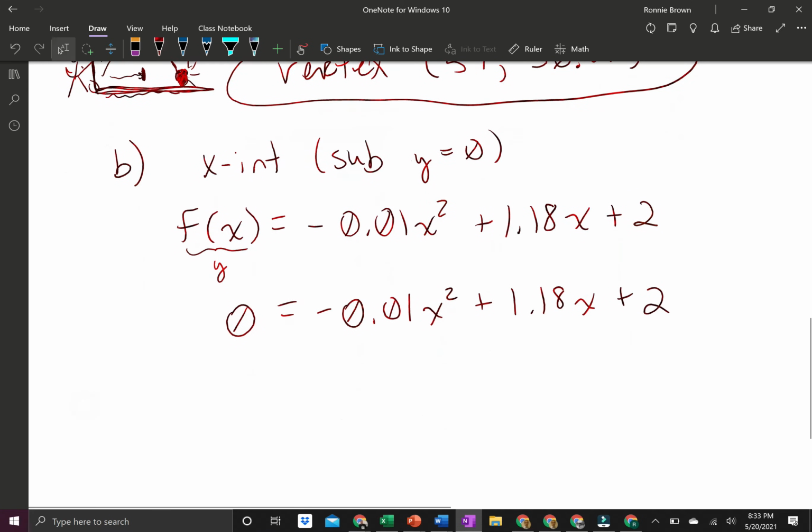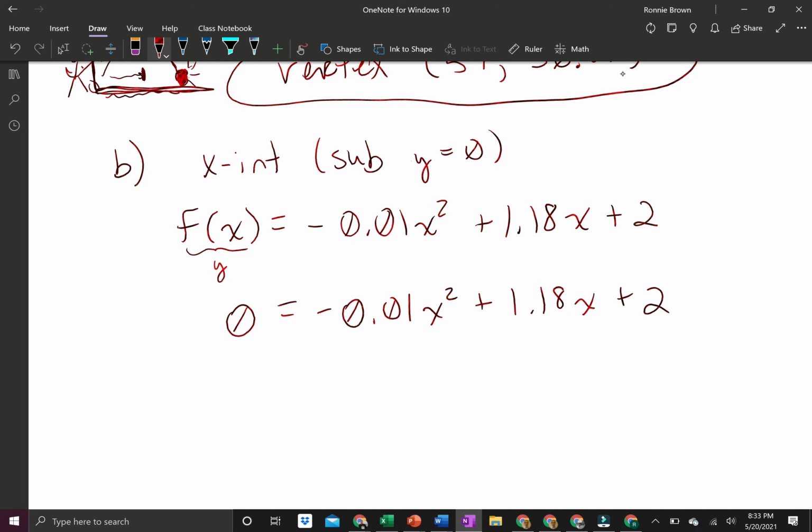All right, so once it looks like this, the only variables are x's, and in a quadratic equation, when I try to solve for x, I can try it multiple ways. First, I can try to factor, but the numbers are kind of funny with the decimals and everything, so I'm not going to try to factor this. I'm just going to go ahead and use the quadratic formula.